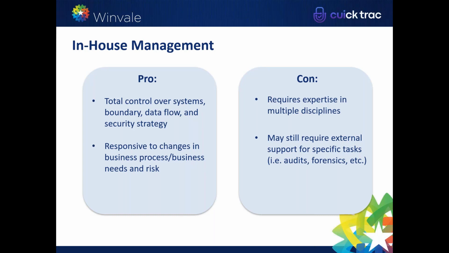Because for most people, the risk of a breach is high, but the risk of requiring all those things is low enough that it's not cost effective. Okay, so just something to think about there. Even if you're managing everything in-house and it's going really smoothly, it's worth taking a look at what are some specific tasks that we might want to outsource. And if we decided that we needed to outsource that, especially in an emergency situation like a data breach, who would we go to? So just some things to think about there.